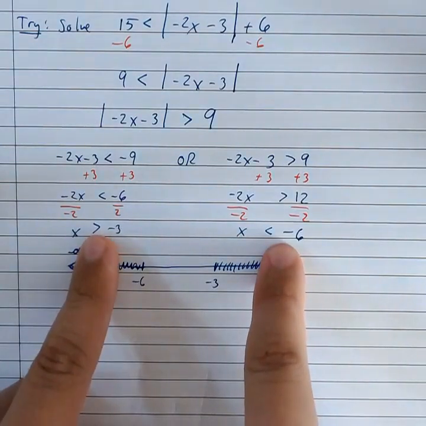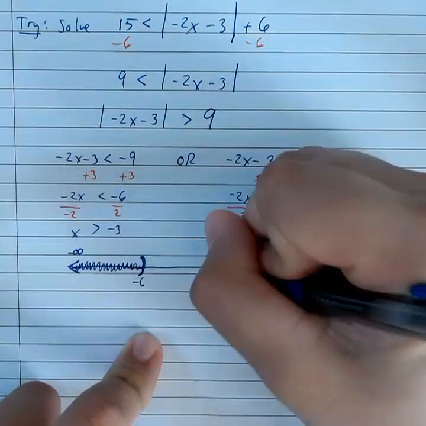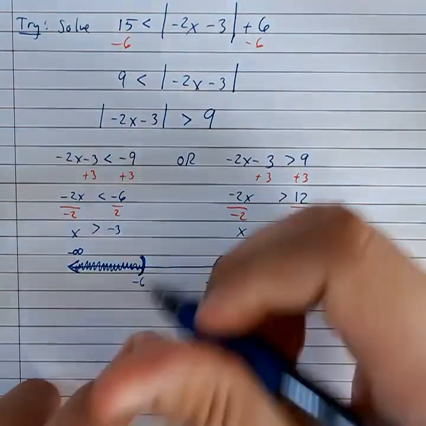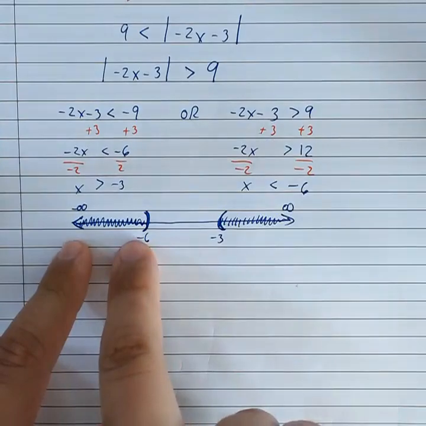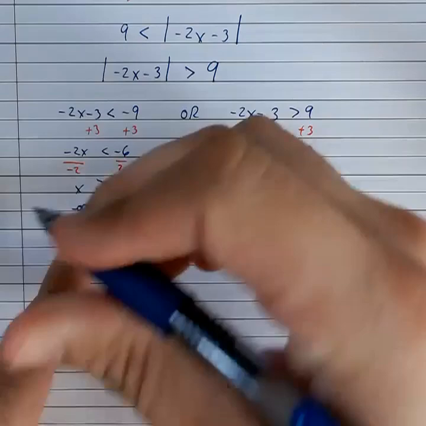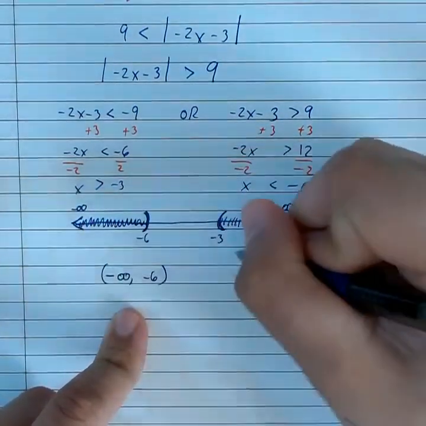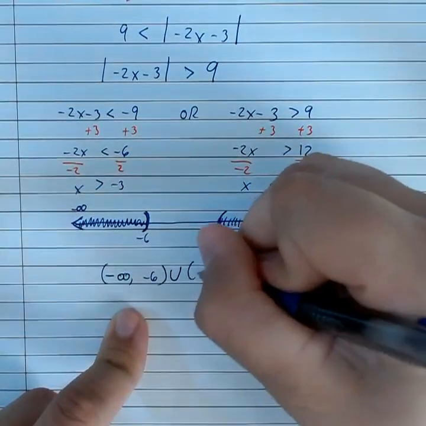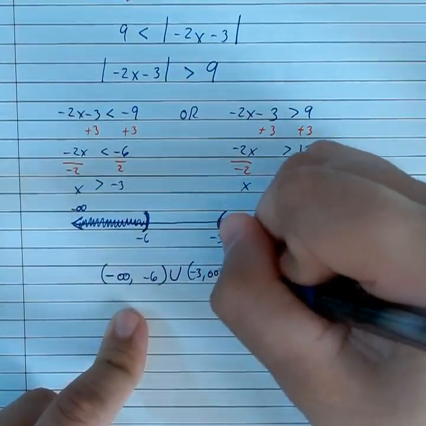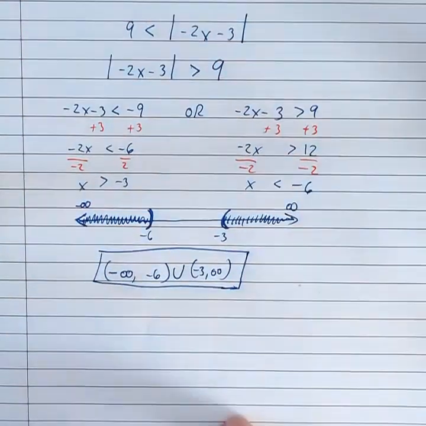That's not greater than or equal to. It's not less than or equal to. So in the end, our solutions are everything from here to here, and also everything from here to here. This one or this one. So everything from negative infinity to negative 6, union with everything from negative 3 to infinity, forms our solution set. Just like that.